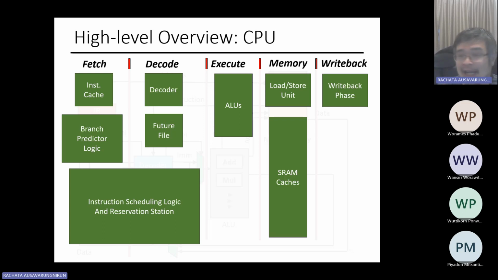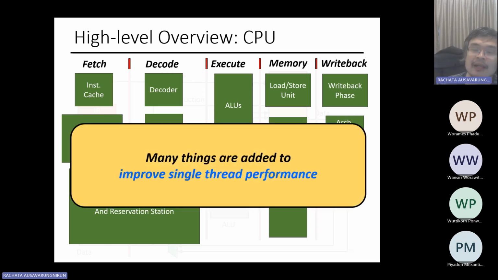You would have the SRAM cache to make things faster whenever you have to access data. And you have the architectural register file to support precise exceptions, right? So that's a CPU. That's what you learned so far. The goal here is to make sure single-thread performance is good. I want to run one thing, and that one thing is going to be extremely fast.